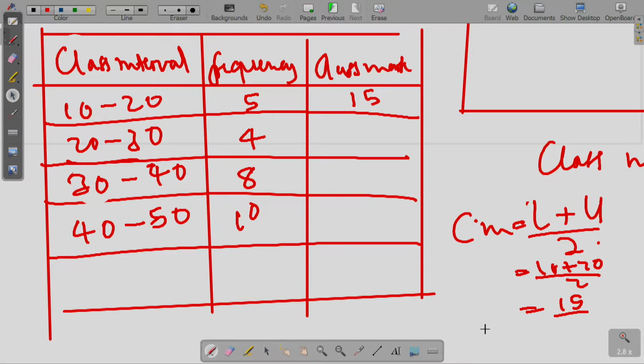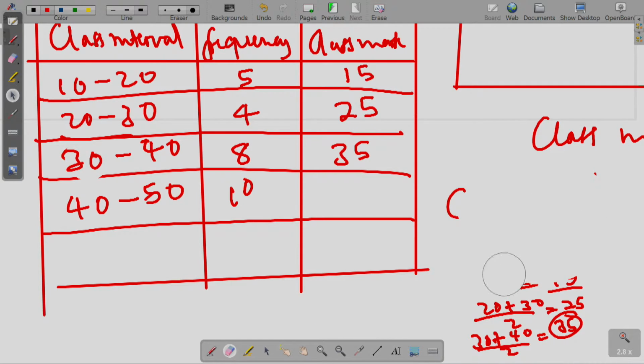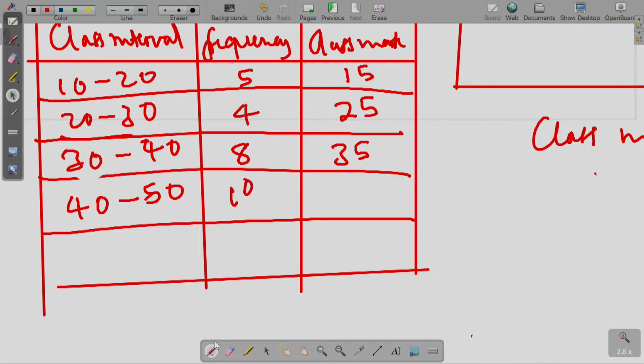For the second, we have 20 plus 30 over 2, which is equal to 25. And also 30 plus 40 over 2, which is equal to 35. Here we see that we have 15, 25, 35, and here we have 45.